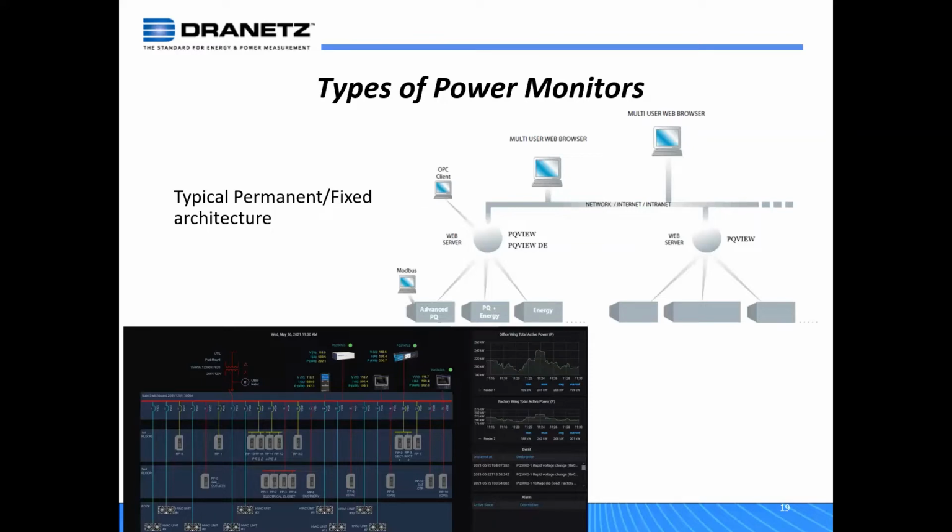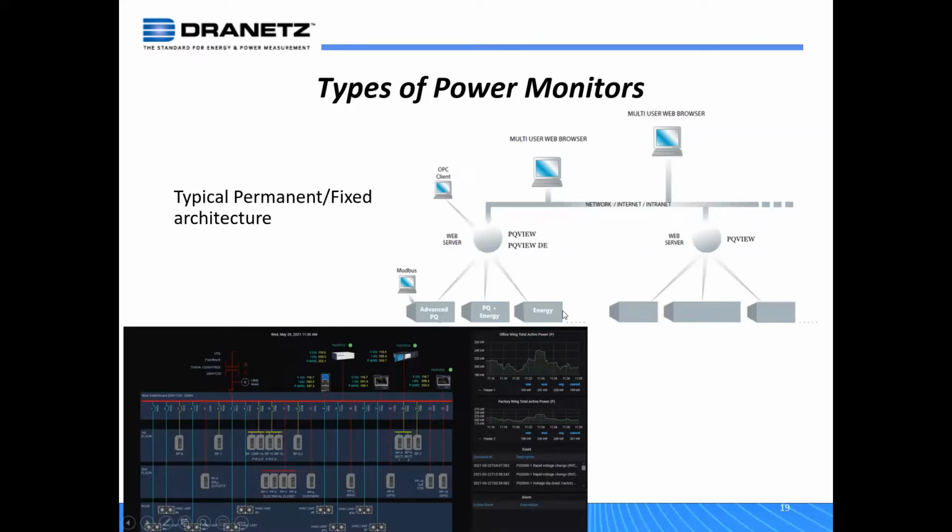So if you go back to that formula, I want to monitor the input to the critical loads. You might have the feed going directly past, with no mitigation involved, to the critical load, and you're basically talking one instrument.